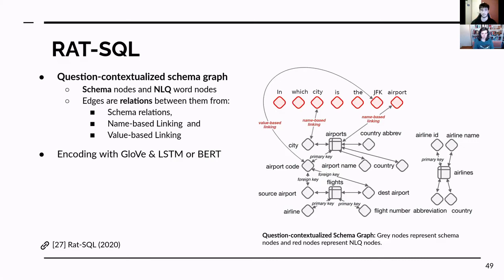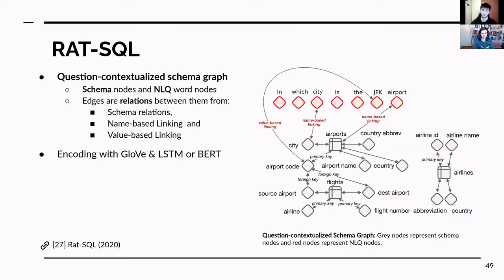Having this schema graph, RAT-SQL also adds nodes that represent each word of the natural language question, and it performs schema linking for each word of the natural language question, either name-based linking or value-based linking. So in this example, we can see that the word airport was matched to the table airports based on its name, and the input token JFK was matched to the table column airport code based on its value.